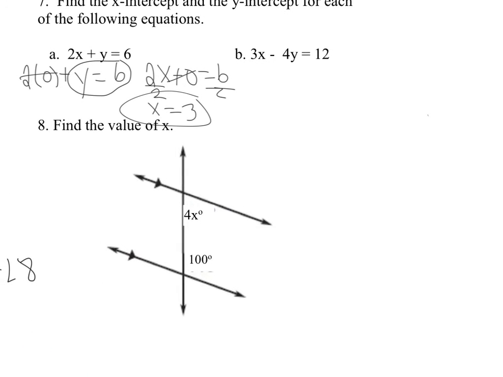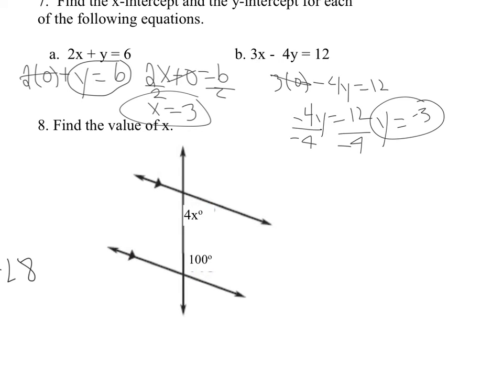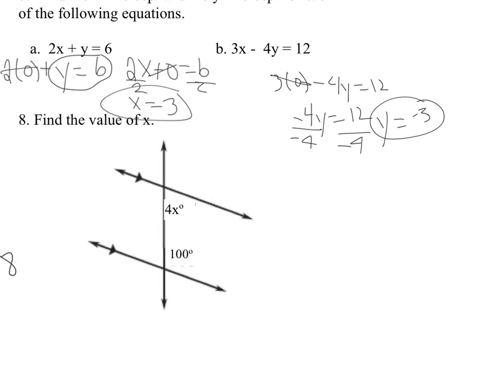Come over here and do the same thing. 3 times 0 minus 4y equals 12. Minus 4y equals 12. y equals negative 3. I hate when it does that.